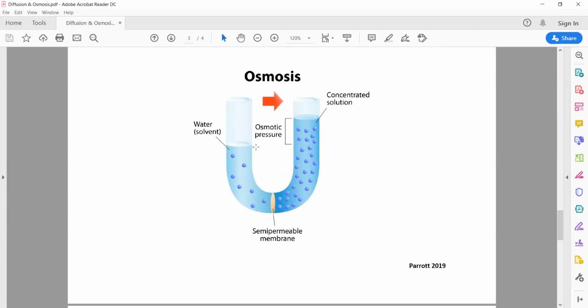So your direction of movement here would be from your left to right. So it would be through this semi-permeable membrane, which is just a membrane that water can pass through. And then it will go up to this side over here, because it's trying to balance out that water and solute concentration on both sides.